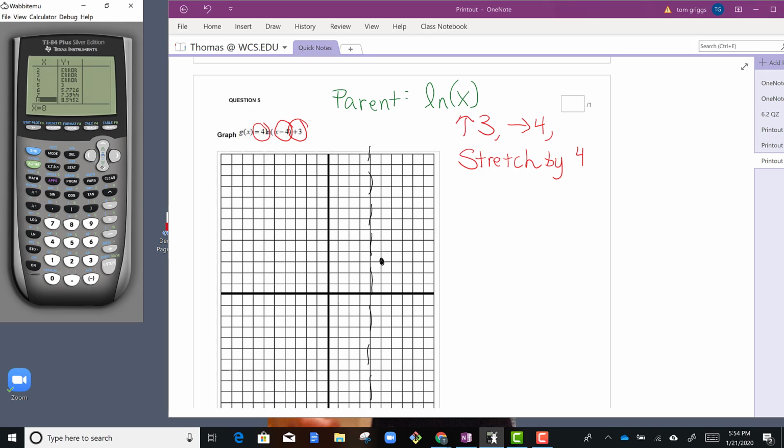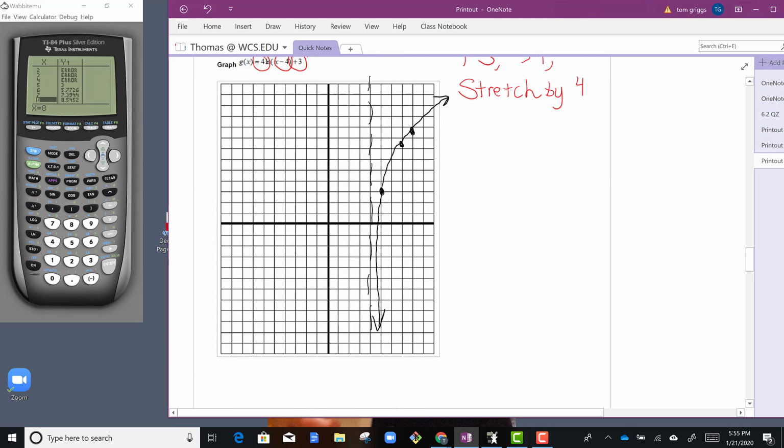About 7, 7.3. Just estimating here. And 8, 8.5. And of course, the graph doesn't stop at x equals 5. It gets really, really close to x equals 4 without ever actually touching it. So our asymptote there is at x equals 4.